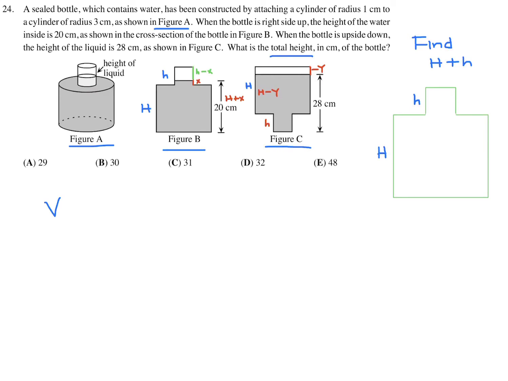Figure B, figure C. Volume of figure B is pi r squared times height for the big part plus pi r squared times height for the little part. And what is the two parts?